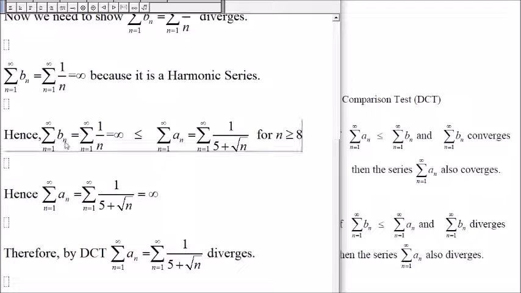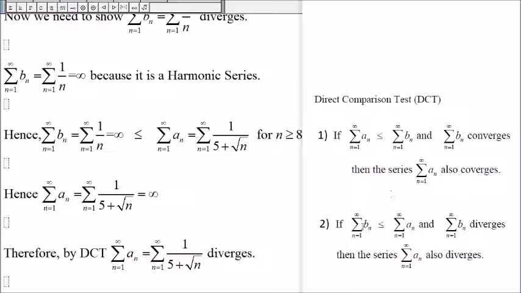And then we also showed that the series b sub n is a harmonic series and is equal to infinity, and it diverges. And so we've shown 2 things: the series b sub n is less than a sub n, and the series b sub n diverges. And therefore, by the direct comparison test, the series a sub n, which is this series right here, diverges also.